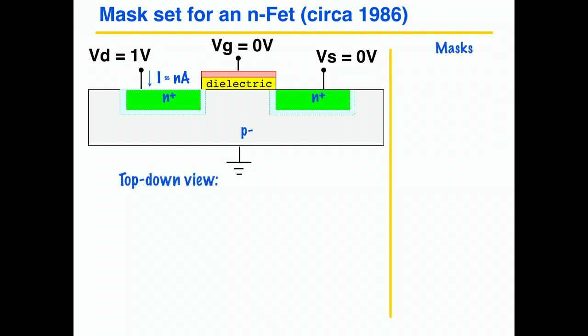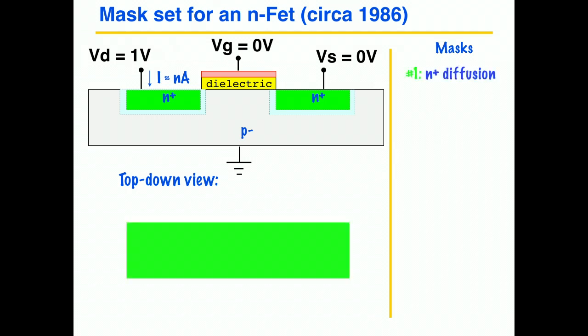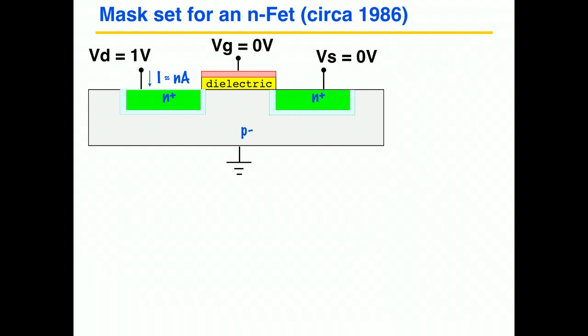So this is the transistor in cross-section. From the top down, if we look at the masks, the processing that we do is based on photolithography, which means there's a series of masks that are used for exposing the wafer.